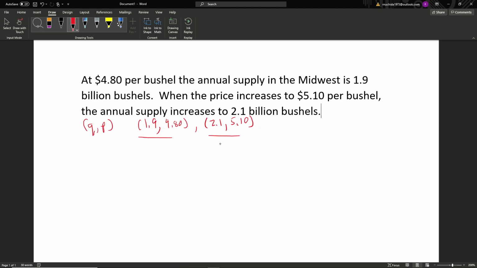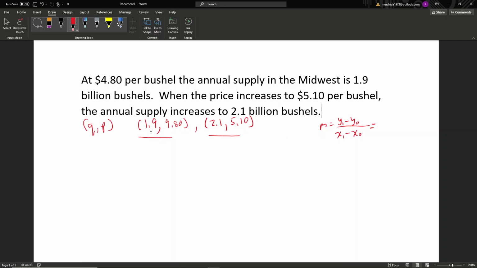Now we're going to be assuming that they're linear equations. So to find the equation of the line, what we would next do is find the slope. Remember, in general, m equals y1 minus y0 over x1 minus x0.